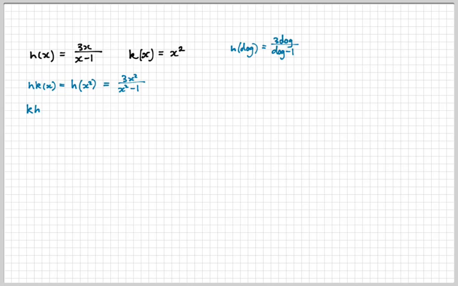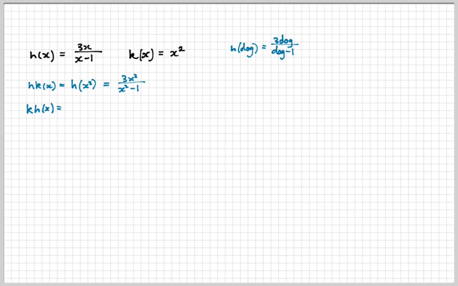What is the composite function kh of x? Well, this is slightly different, because instead of putting x through k and then that answer through h, you put x through h and then put that answer through k. What happens when we put x through h?